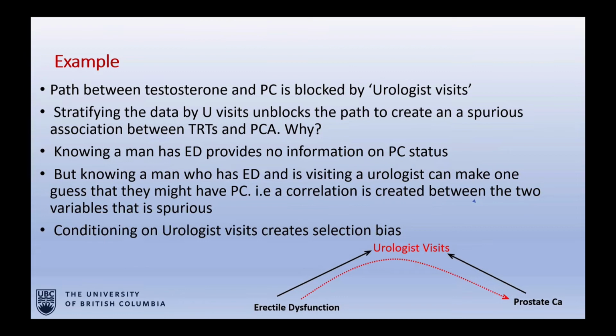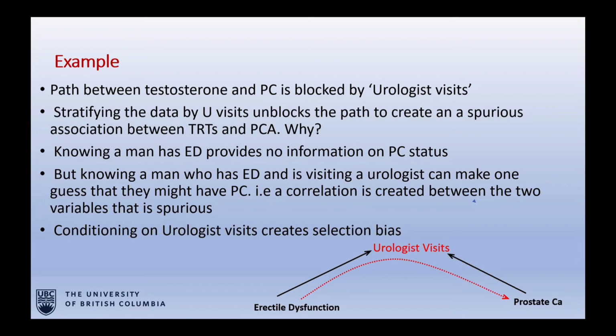So in the simplest form, you have erectile dysfunction, and you have an arrow to urologist visits because men with ED are more likely to see a urologist, and men with prostate cancer are also more likely to see a urologist. And as it stands, there is no arrow between ED and prostate cancer. If we know a man has ED, we really don't know anything about whether they have prostate cancer or not.